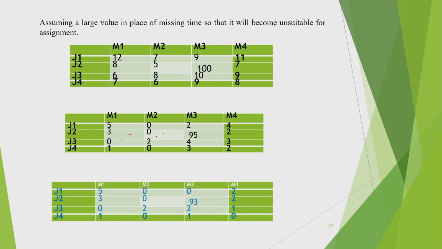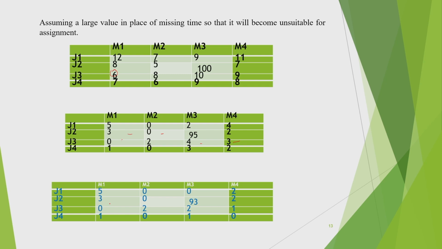I did the same for row 3, where the smallest value is 6, so 6 minus 6 is 0, then 8 minus 6 is 2, 10 minus 6 is 4, and 9 minus 6 is 3. Okay. In the 4th row also the smallest value is 6, so you subtract 6 from everything: 7 minus 6 is 1, like that you got.